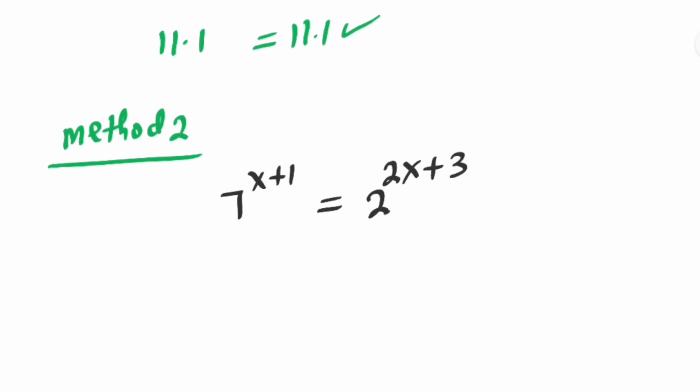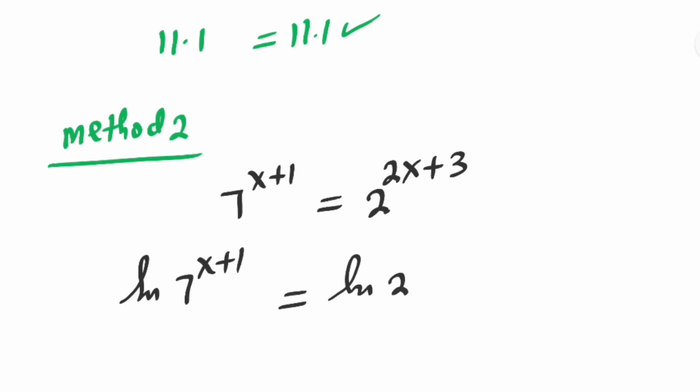If you take the natural log of both sides, we have ln of 7 raised to power x plus 1 is equal to ln of 2 raised to power 2x plus 3.